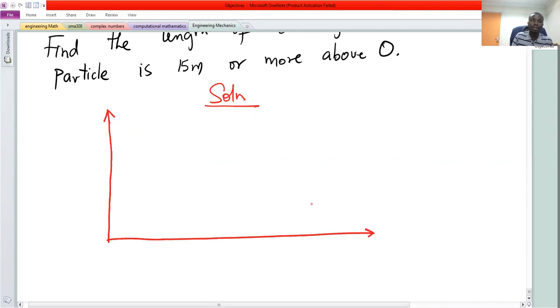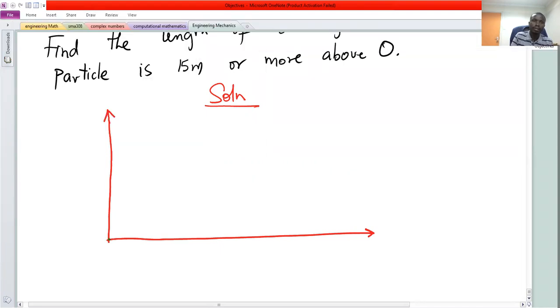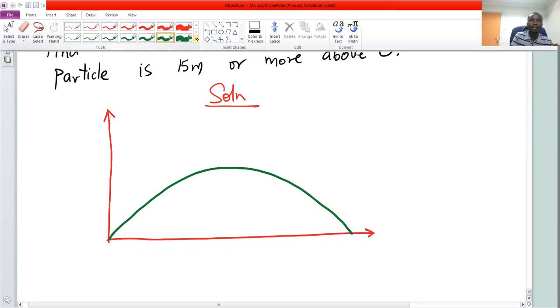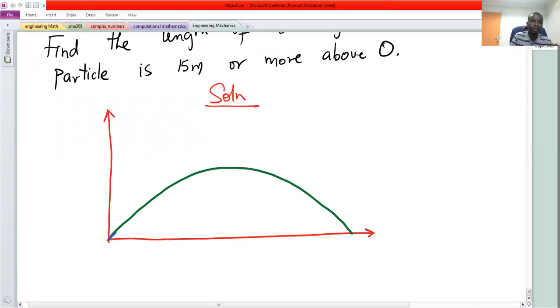So this is the vertical motion, and then horizontal. Let this be the motion, and let this be the speed of projection, call it U. In this case, U is 35 meters per second.